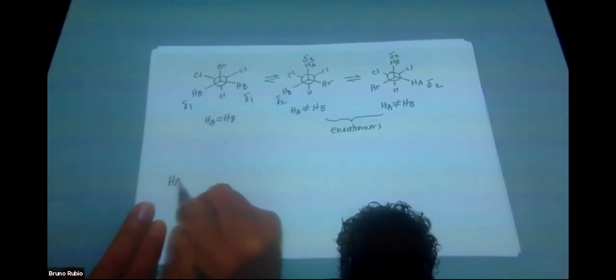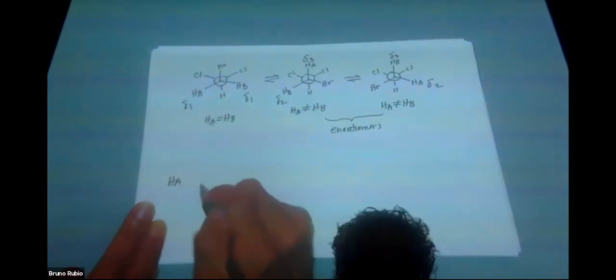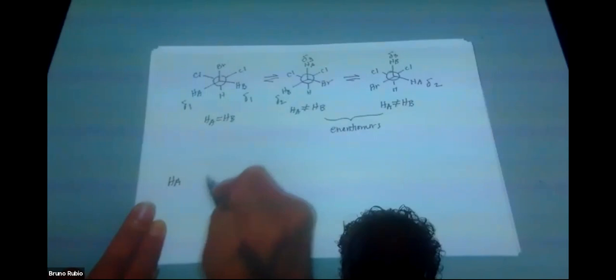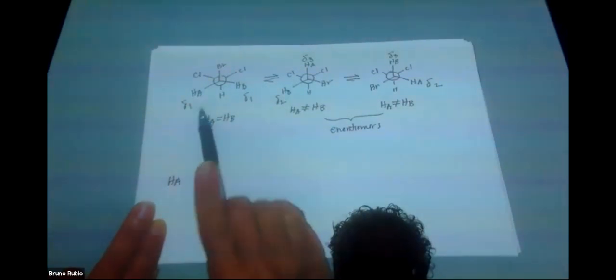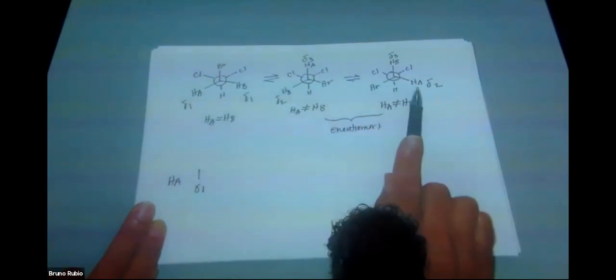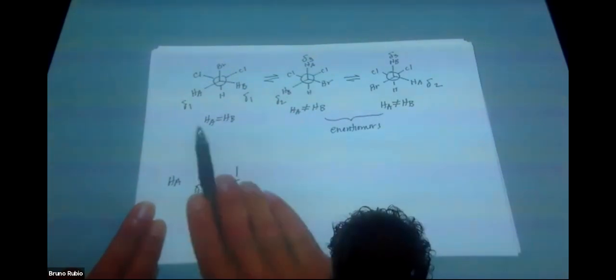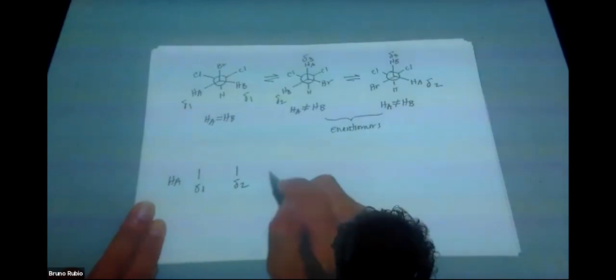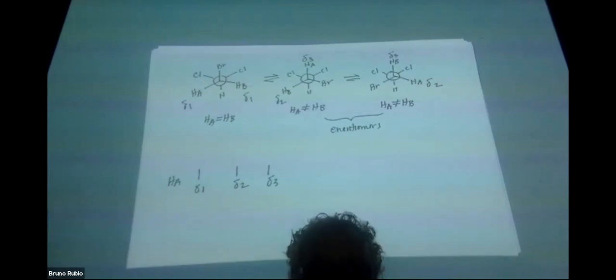Sometimes HA has chemical shift delta 1. Sometimes HA has the chemical shift delta 2. And sometimes HA has the chemical shift delta 3. But it's going between 1, 2, and 3 billions of times per second.